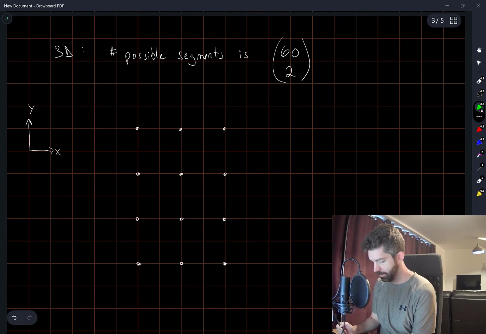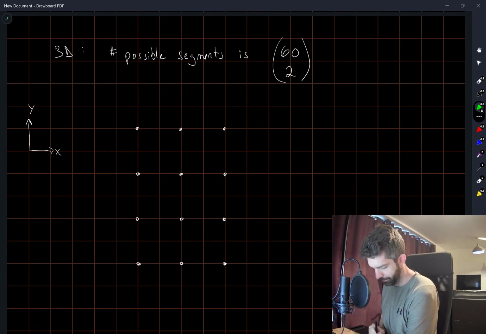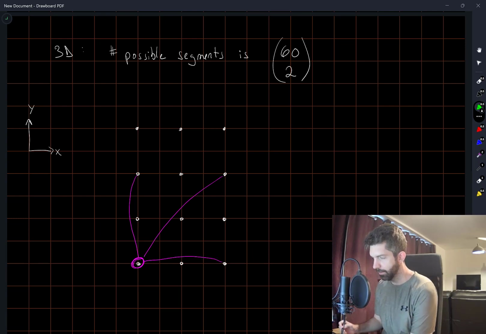And you know what I can do? Let's take this as the reference point for now. We know that there are 3 line segments that work like this.